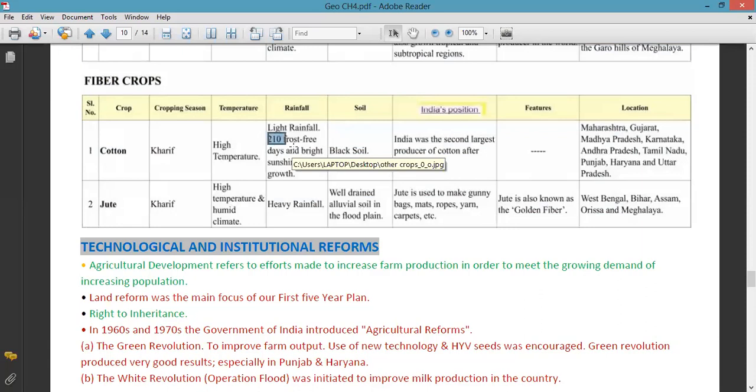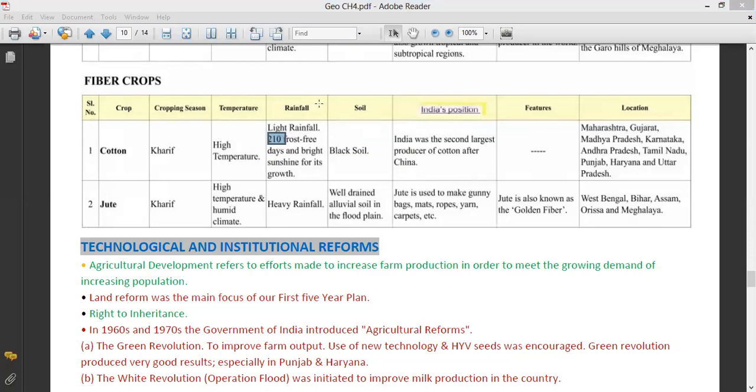If we want to say how many months it will take, 210 days divided by 30 is 7 months. So it takes more than 7 months. Suitable soil: black soil.